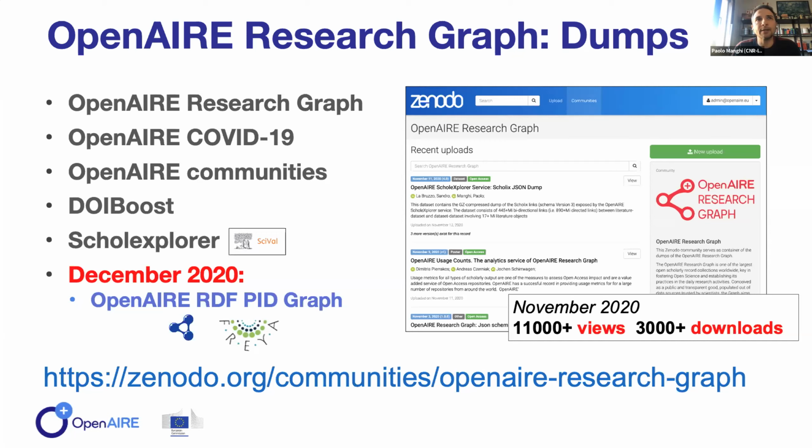We have specific dumps for COVID-19, where we built a community that is specifically identifying publications, data, software, and projects related to COVID-19. You also have a dump related to the communities, so there's a larger set, and that's not just COVID-19. We have DOIBoost, which is actually interesting for your research.